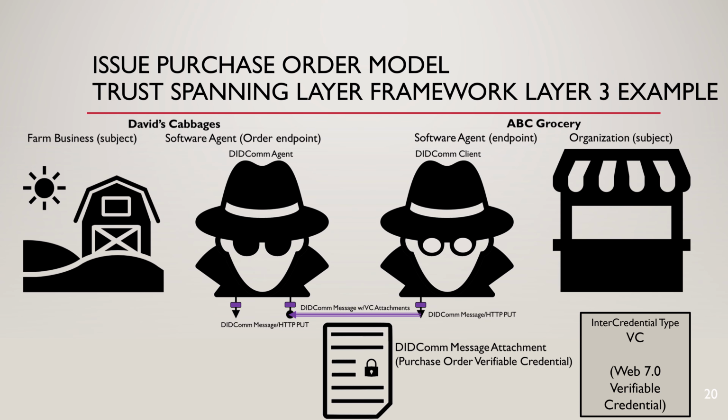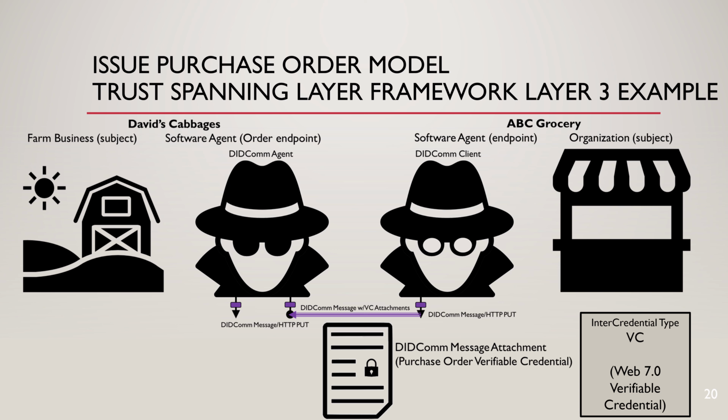Here's the idea of issuing a purchase order and using verifiable credentials to embed or represent that purchase order. On the right-hand side here, we have ABC Grocery. On the left side, we have David's Cabbages. And ABC Grocery wants to send a purchase order over to David's Cabbages to order 10 cabbages.